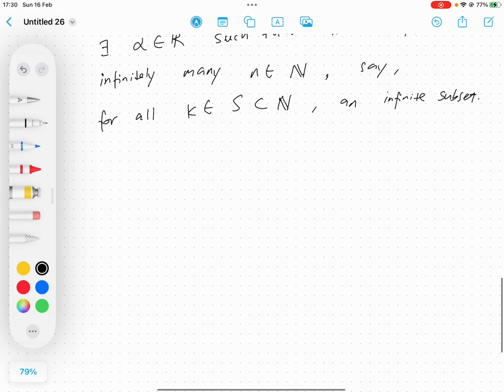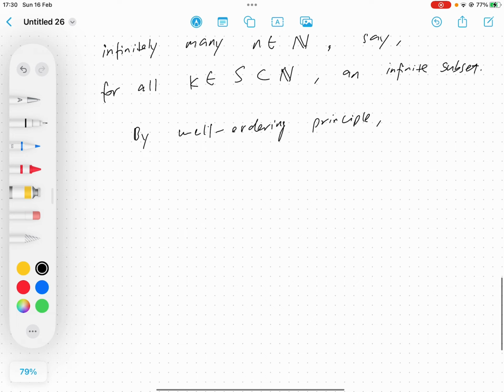All right, then we can use the well-ordering principle. Okay, so we can exhibit the elements of this S as an increasing sequence of those natural numbers, right?